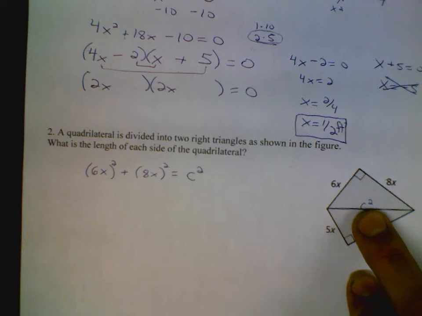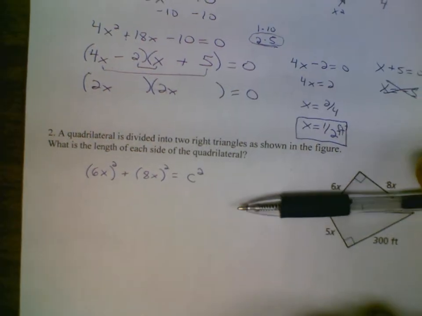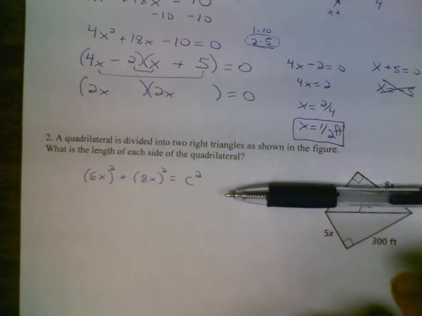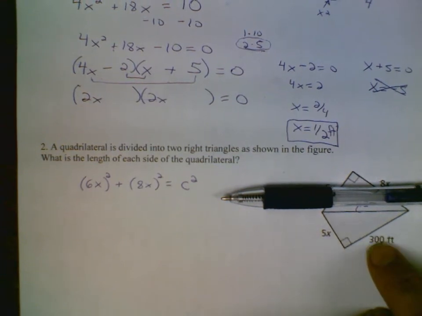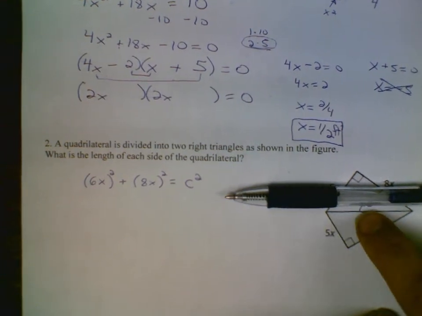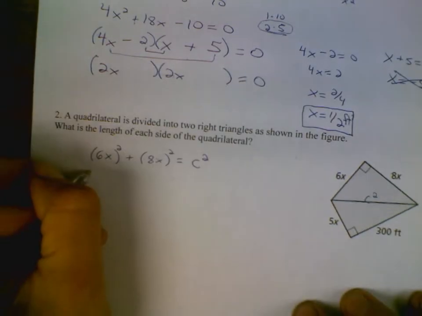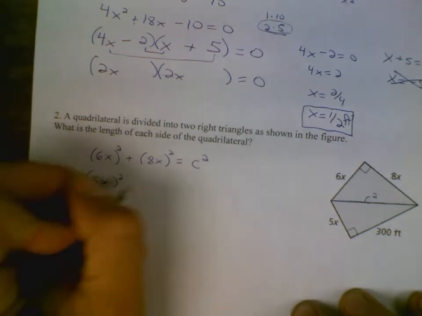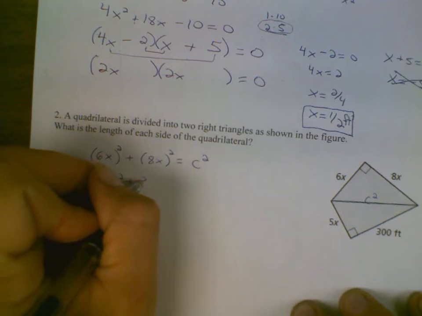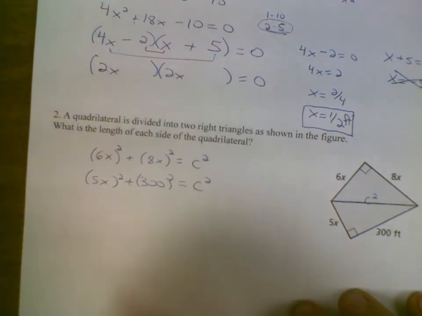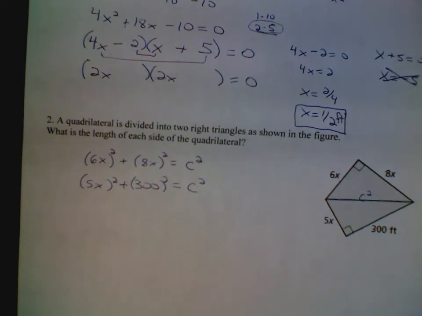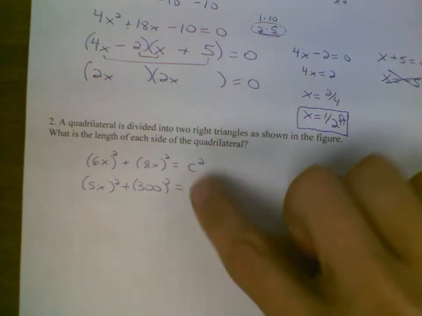Now, similarly, if I cover up the top one, I have a right triangle on the bottom, so same thing. The second one will be 5x squared plus 300 squared, which has to give me c squared. Hopefully you notice that both of these equal c squared.